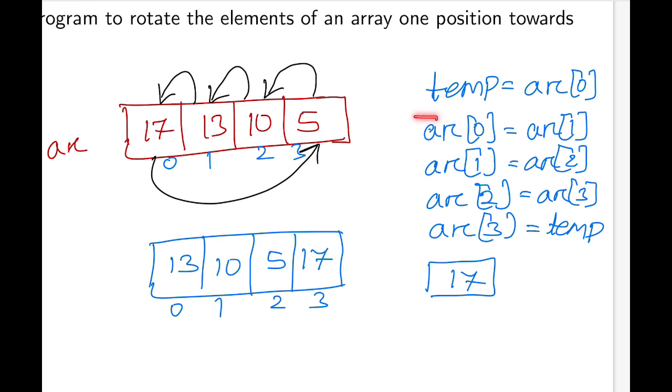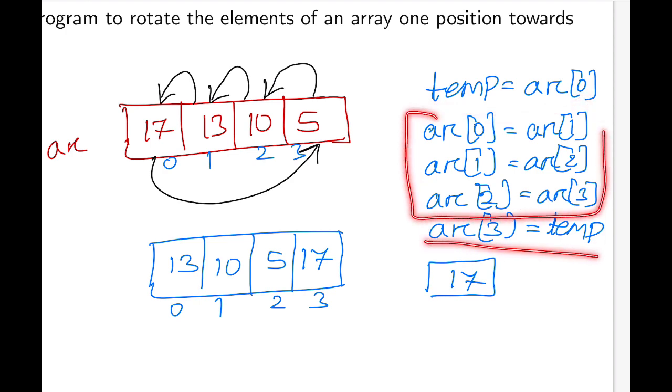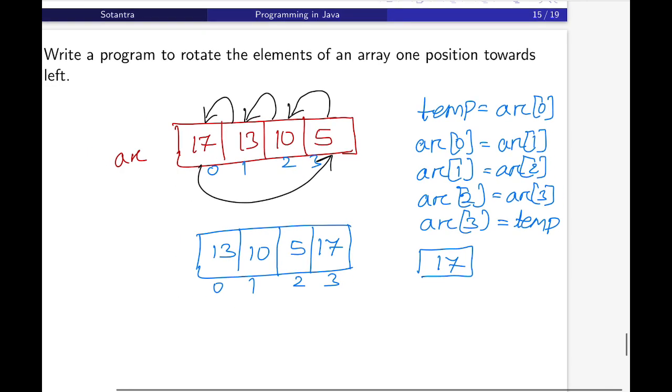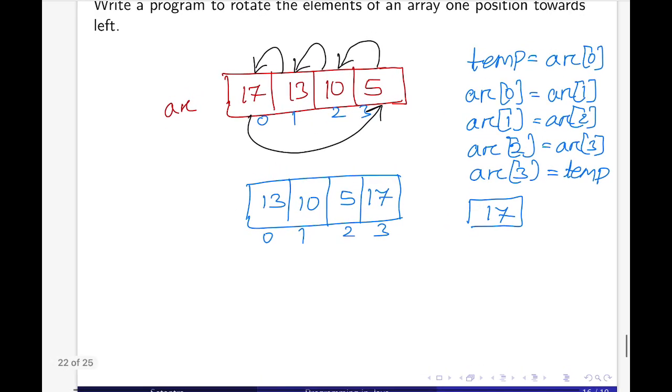So we can use a loop to write these things. So we can forget this one. We can use a loop for these 3 statements instead of repeatedly writing. So how to write these things in a loop, you can see it here.